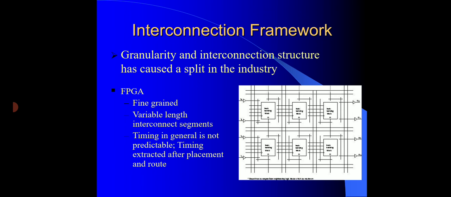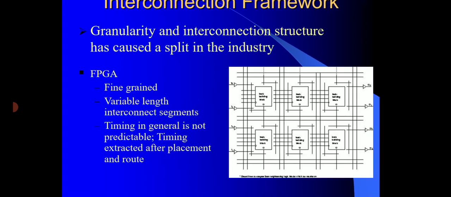Interconnection framework. In this interconnection framework, you can see the inputs, IO blocks, and CLB blocks, that is configurable logic blocks. These configurable logic blocks are surrounded by the input blocks. This FPGA is mainly finely grained with variable length interconnect segments surrounded by the IO blocks, and the timing is predictable.